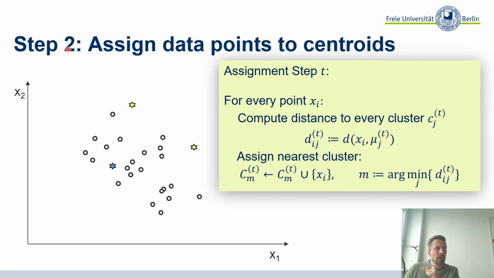So the next step now is to assign data points to those centroids. And remember, each data point has to be assigned to only one of these clusters. So what we do is we iterate over all the points in the data and compute their distance to each of these K clusters.